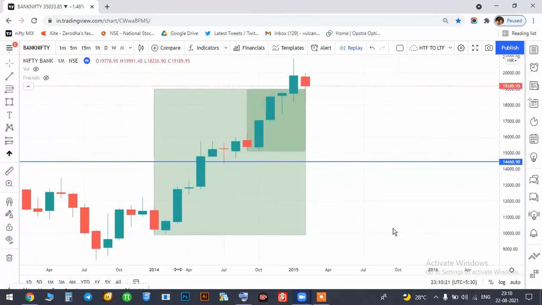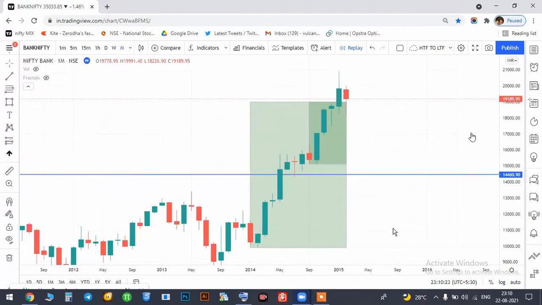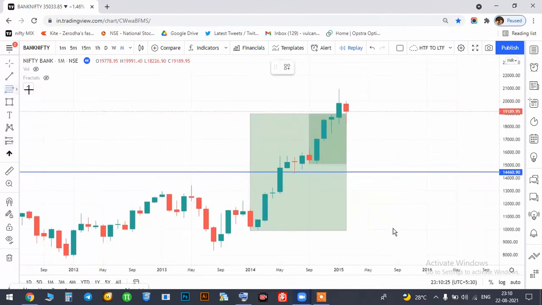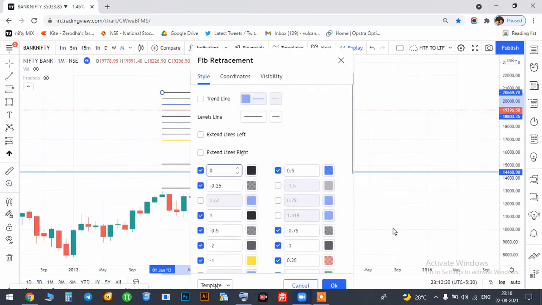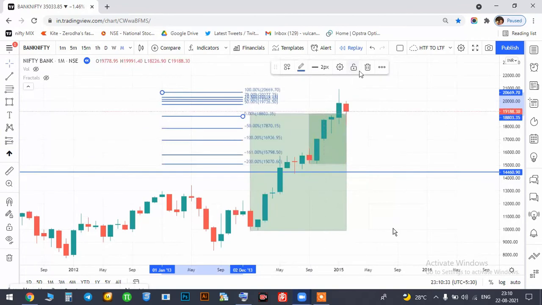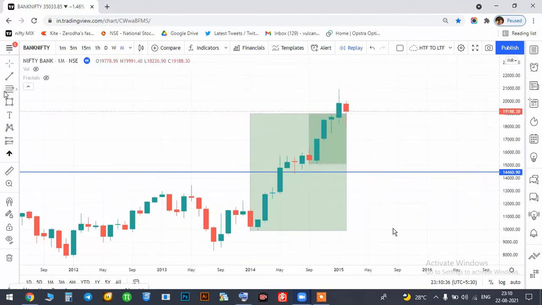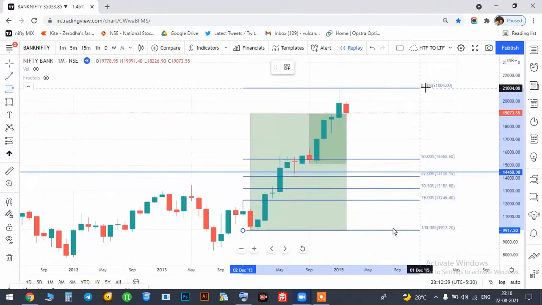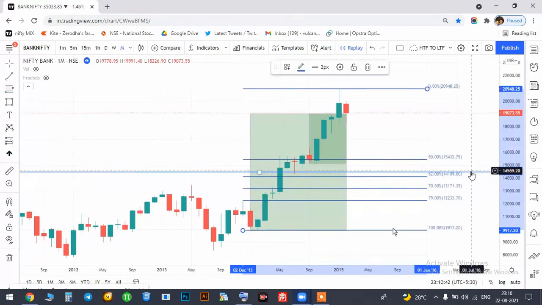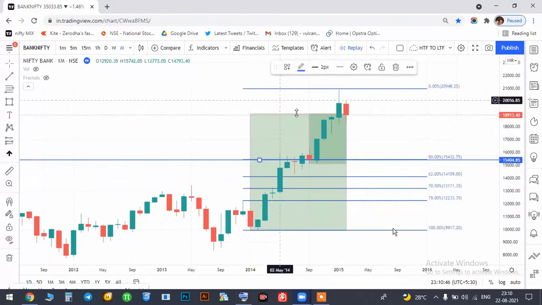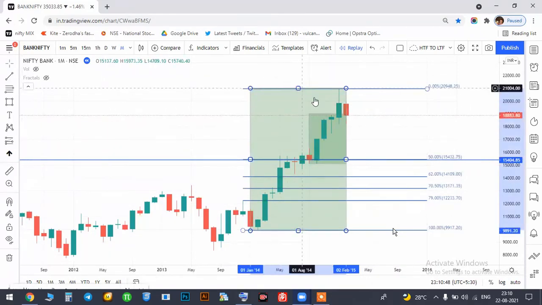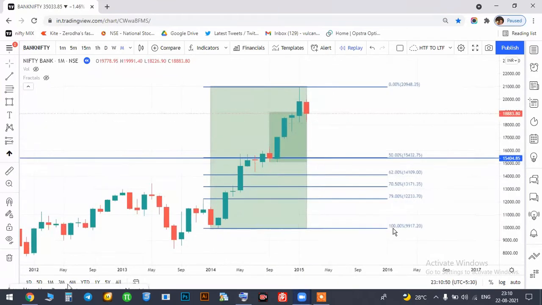So there is a time to move my 50, if I can use the fib here. Fib is easy. So swing point low here and high point here. And now my 50 moves again. Can you see here? So now decision making is on the basis of the 50.